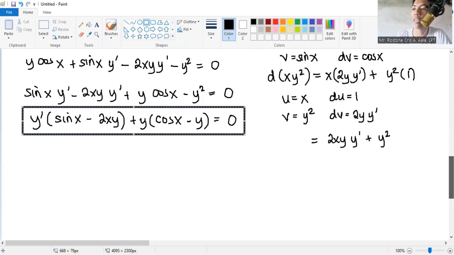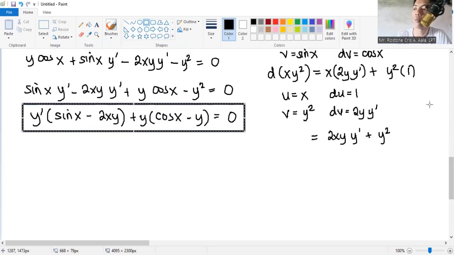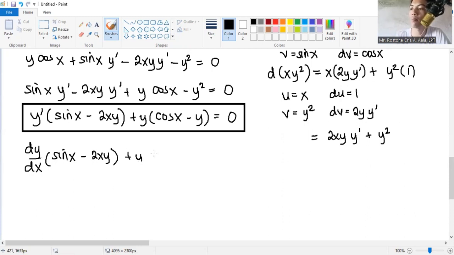So kapag nag-replace tayo dito ng dy over dx sa y prime, we have here dy over dx multiplied by sin x minus 2xy plus y times cosine x minus y is equal to 0. So para maging isang line na lang siya, pwede natin siyang i-multiply by dx, both sides.